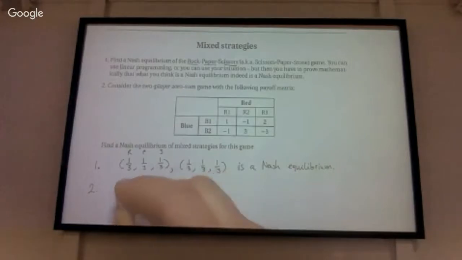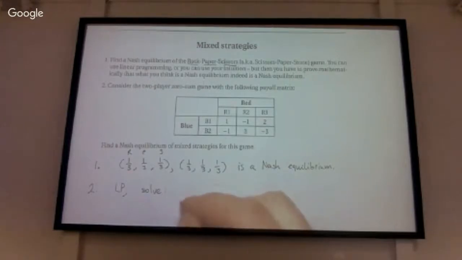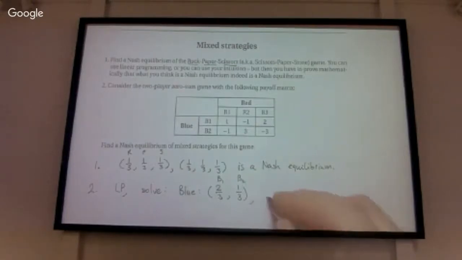So if you do the LP, as described in the book and as you're doing in your assignment, and solve it, then you get, at least that's what I got, that the blue player should play B1 with probability 2/3 and B2 with probability 1/3, and the red player should play R1 with probability 2/3, R2 with probability 1/3 and R3 with probability 0.